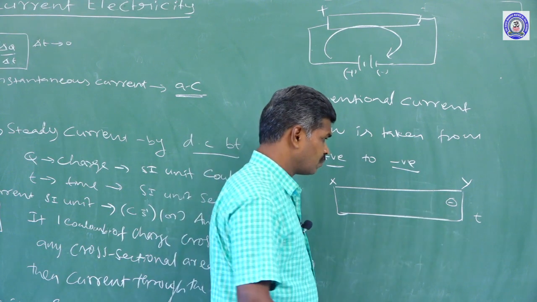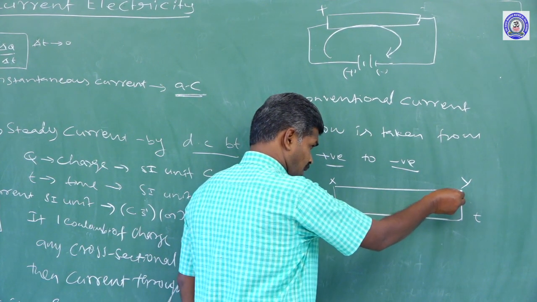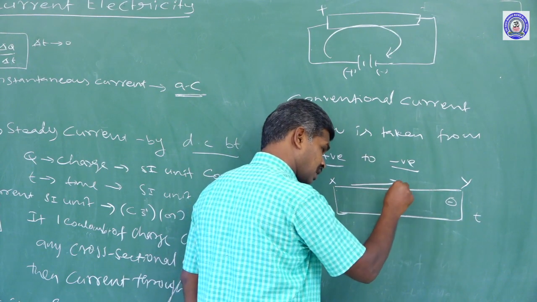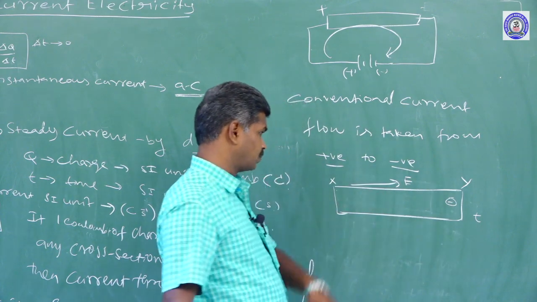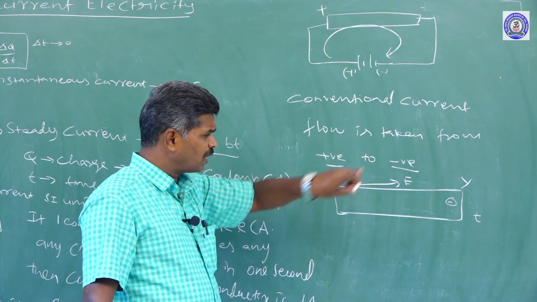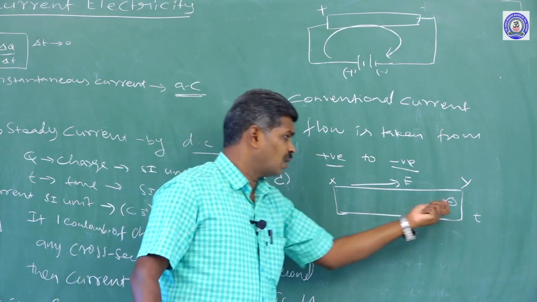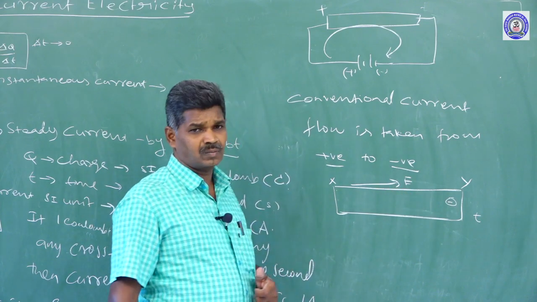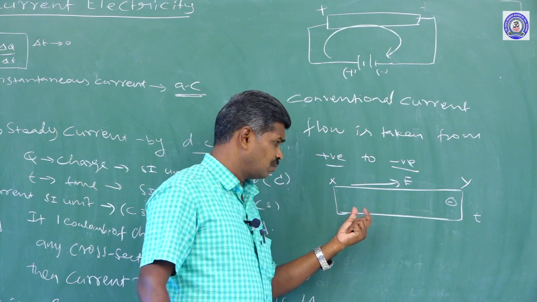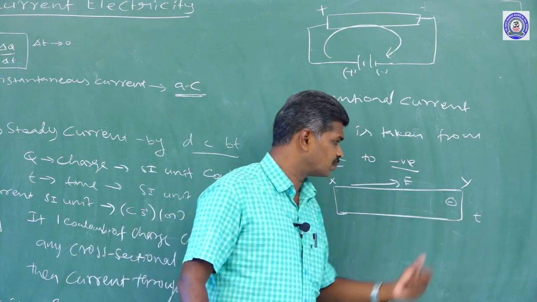In a time t, the free electrons are drifted from the Y end to the X end, because the electric field exists in the opposite direction, from X to Y. The drifted electrons move a certain distance, say the length of the conductor, in a time t.